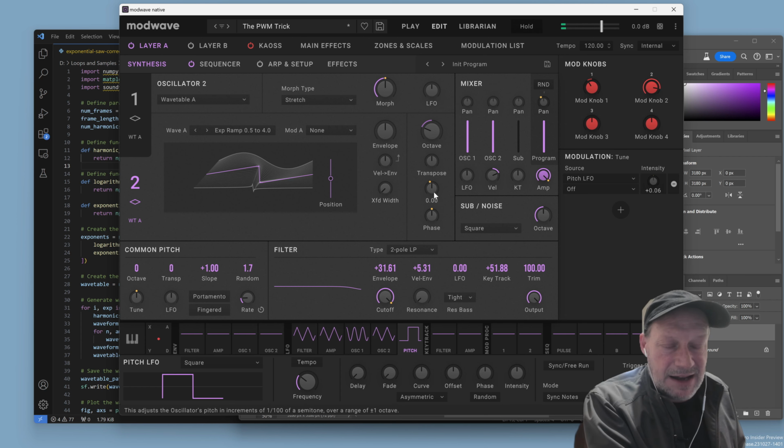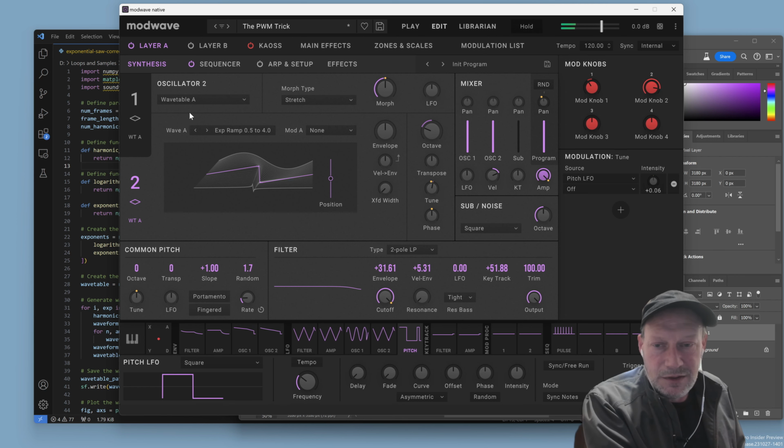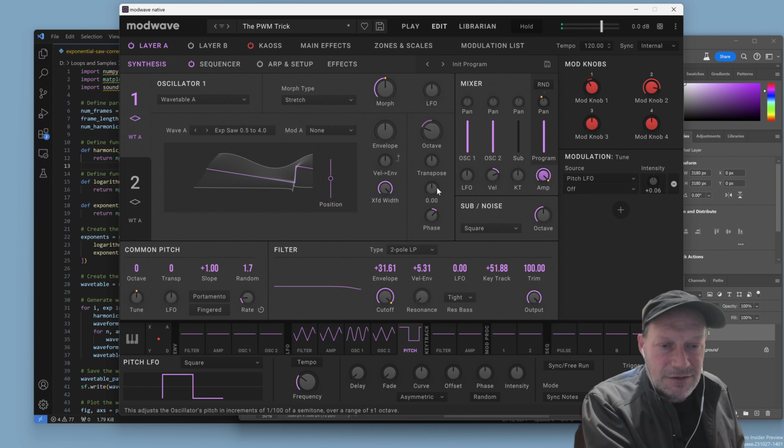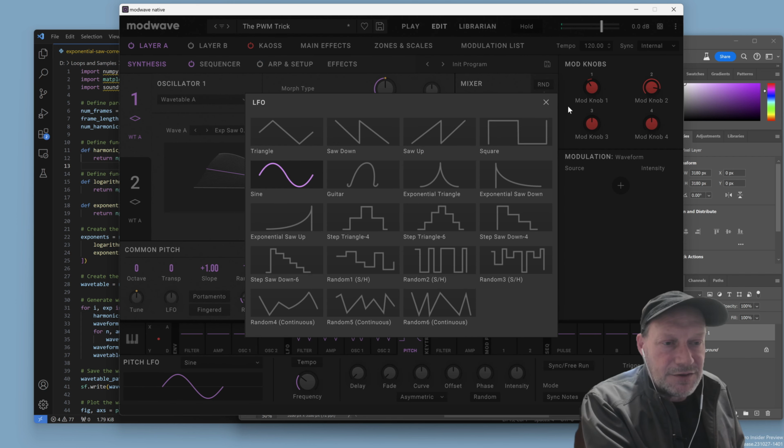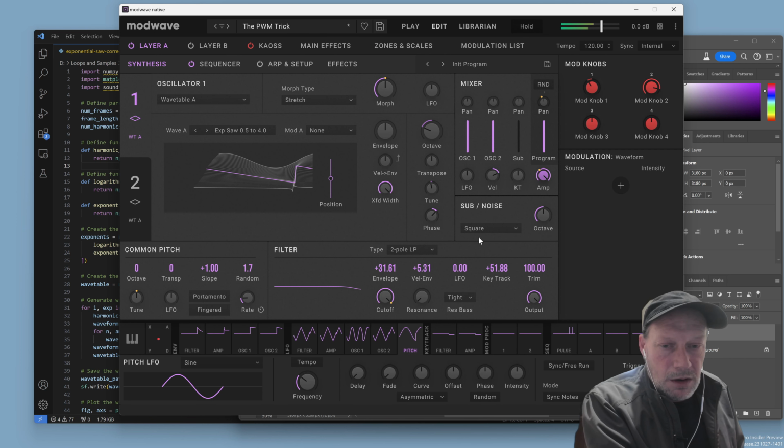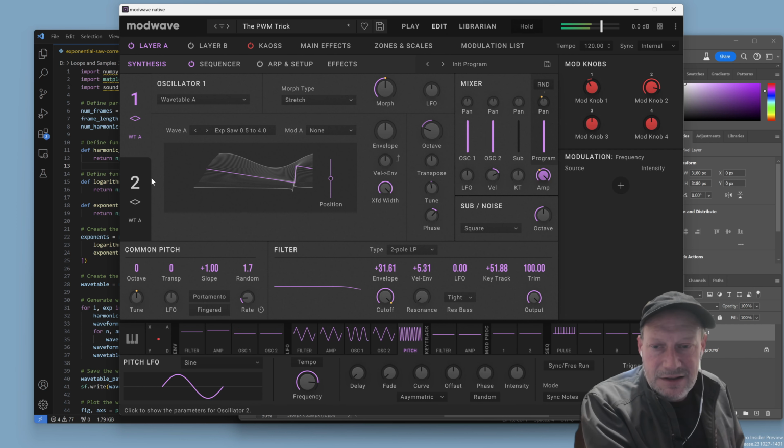And you could exaggerate this by further moving the pitches with respect to each other and get different effects. Or you could use different wave shapes for the LFO. Let's see, is this actually happening?